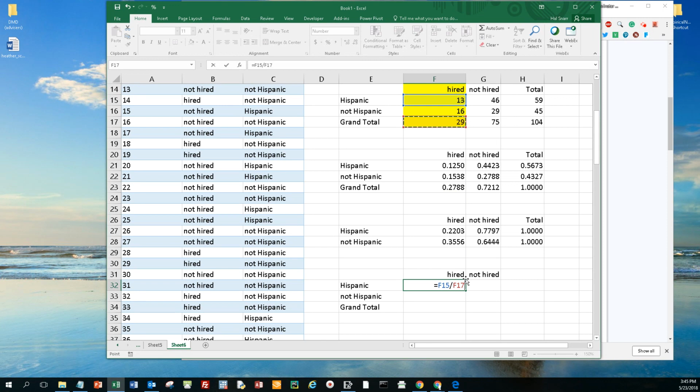So we're only looking at the people who are hired. Hispanic, not Hispanic. And of the 29 people that are hired, 13 are Hispanic. Now I'm going to hit F4 once, twice. And this is going to freeze this red box in row 17. So when I pull it down, I'm getting the probability of being not Hispanic given you're hired. And these two add up to 1.